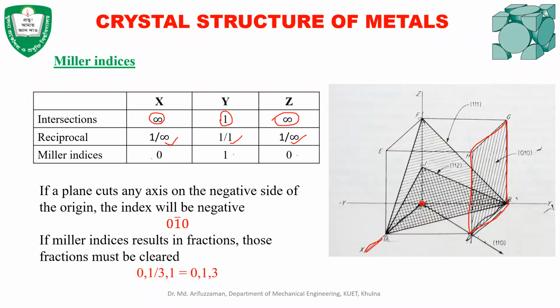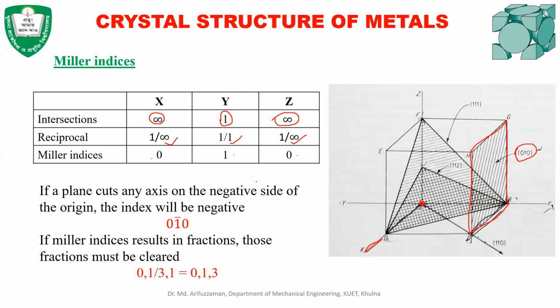So the Miller indices for this plane will be 0, 1, 0. All the planes parallel to this plane will be indicated as the Miller index 0, 1, 0.